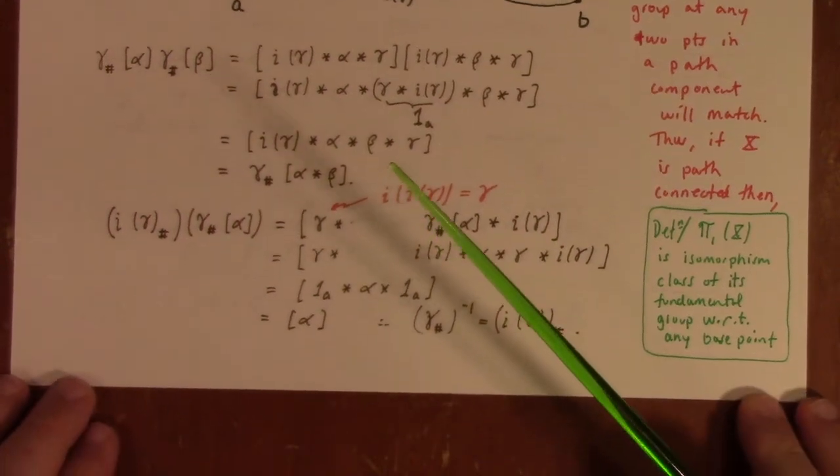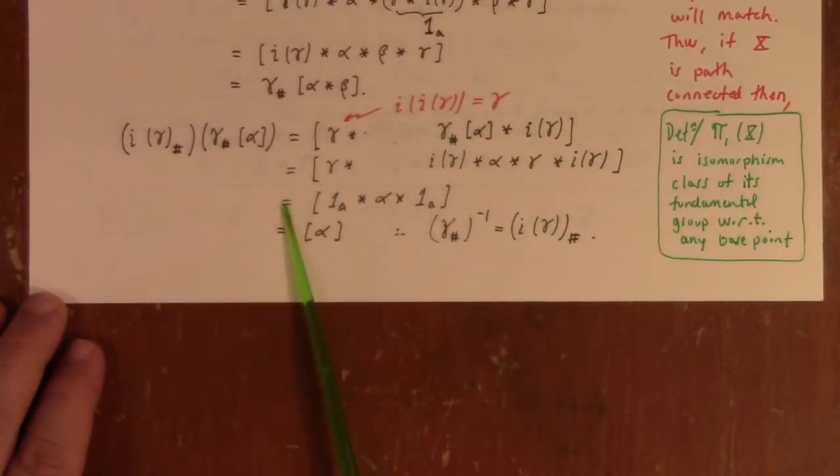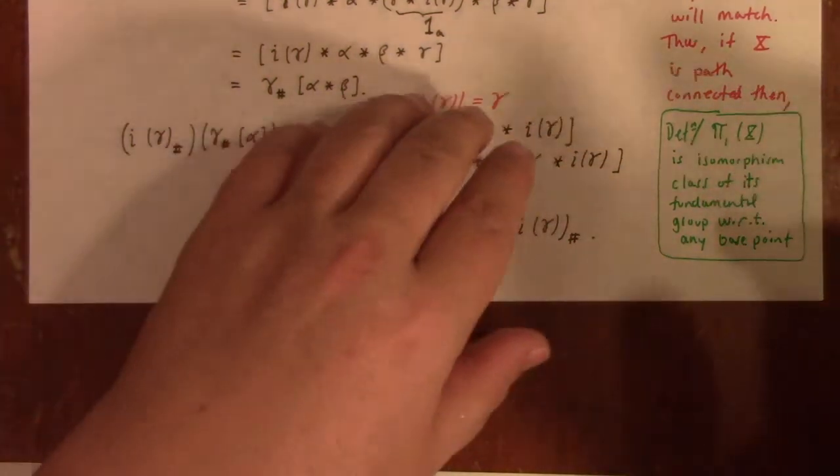And likewise down here, a similar calculation shows that the sharp of the reversal is the inverse function for the sharp. So that's pretty neat.